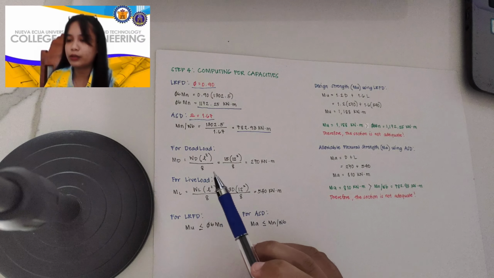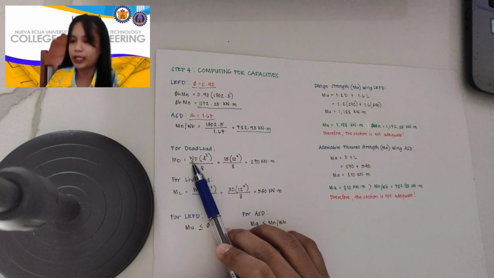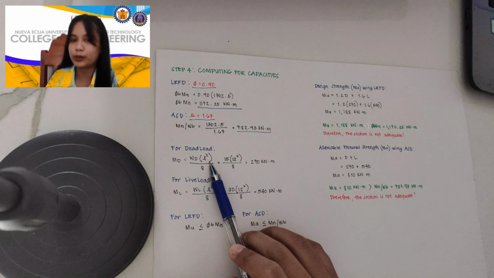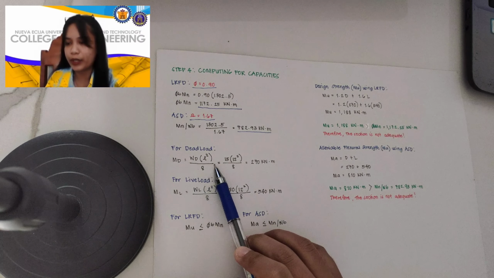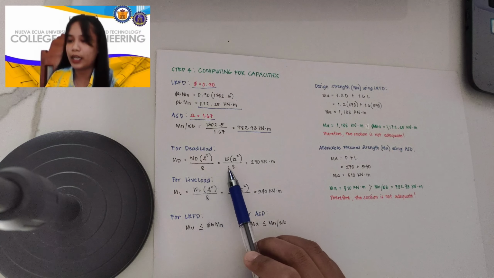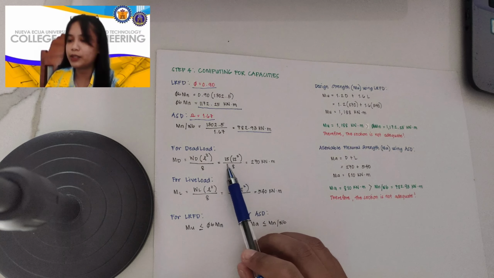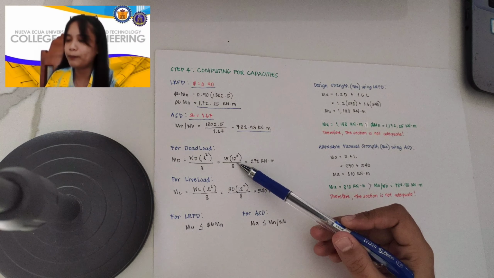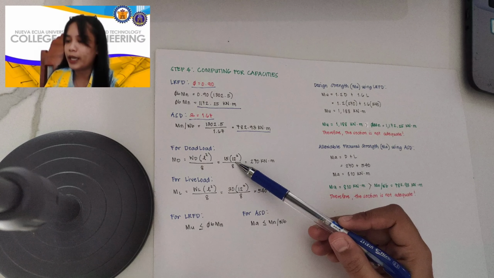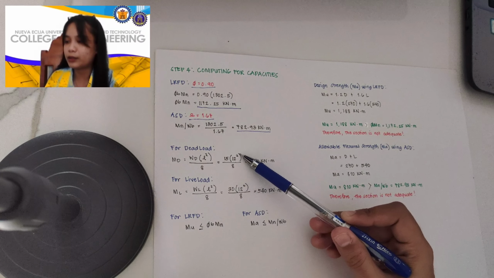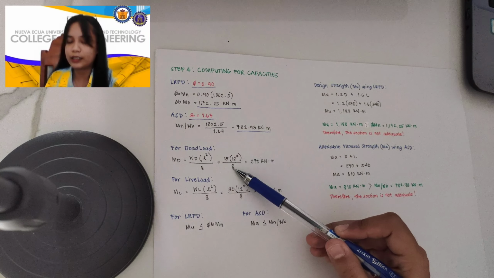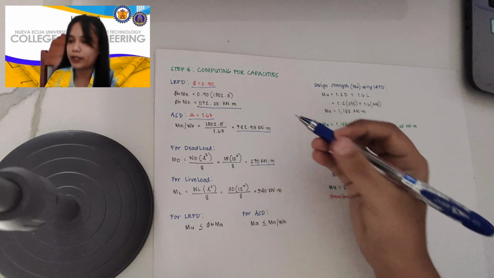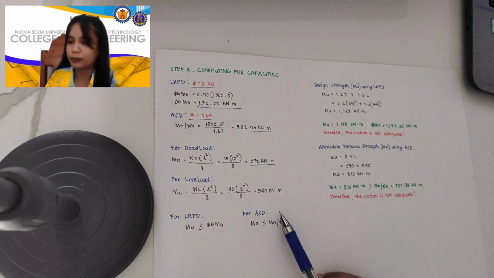Since the beam is simply supported, it has a distributed load. For dead load, this is our formula: MD is equal to the weight of the dead load times our length squared all over 8. By substituting, the weight of the dead load is equal to 15 kilonewton per meter and the length of the beam is 12. Squared, all over 8. We have MD is equal to 270 kilonewton meter.